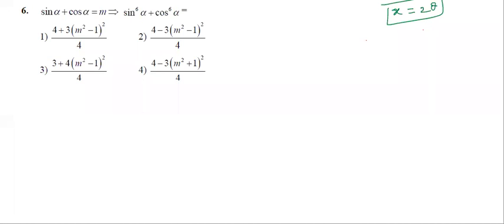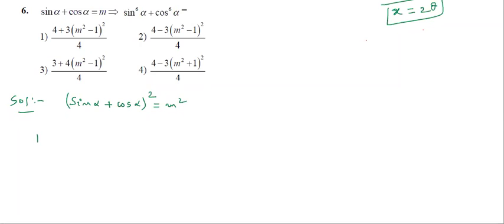How to do this problem? First, sin alpha plus cos alpha is equal to m is there. Do squaring on both sides. Sin alpha plus cos alpha whole square is equal to m square. Expand the left hand side, a plus b whole square form.